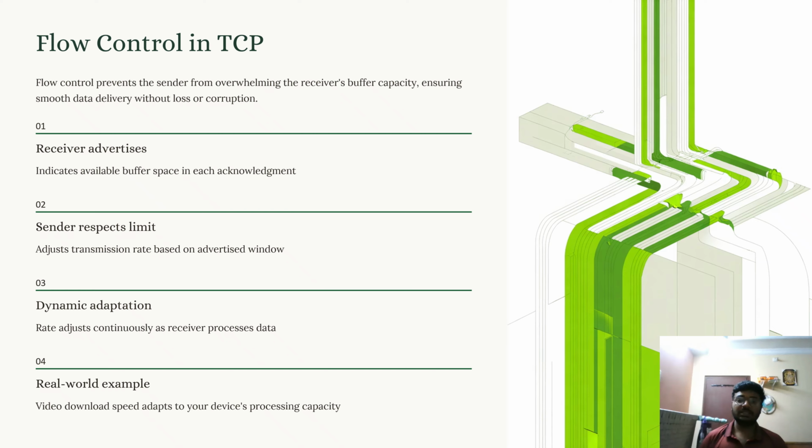TCP solves this by letting the receiver communicate its capacity and the sender adjusts its rate accordingly. For example, downloading a giant file on a slow computer means TCP will slow things down for a smooth experience. This system keeps both ends working efficiently, preventing bottlenecks and dropped connections, regardless of hardware or network speed.